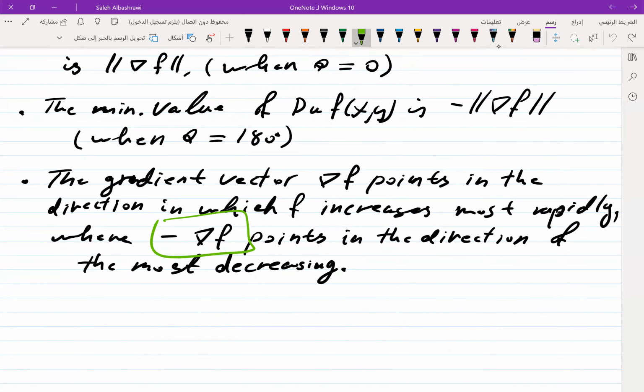The negative gradient gives me the direction of the most decreasing, and the positive gives me the most increasing direction.